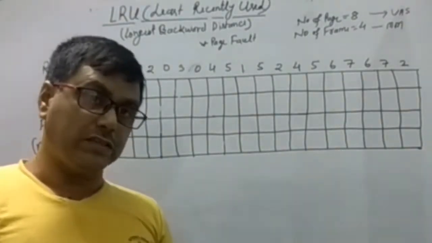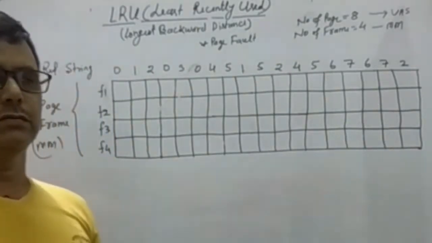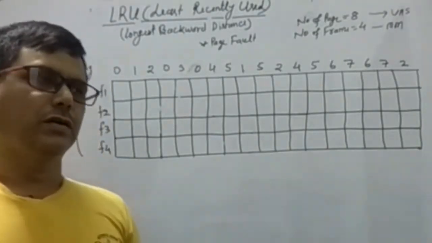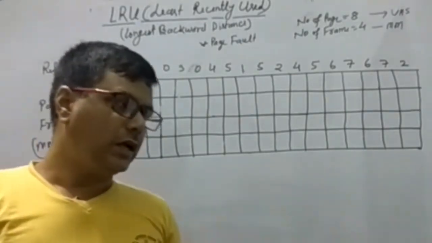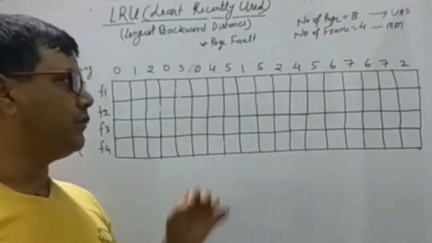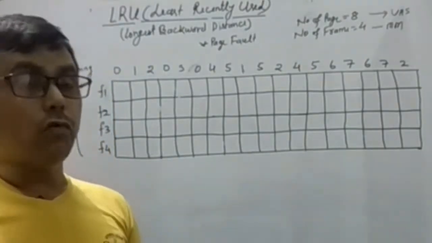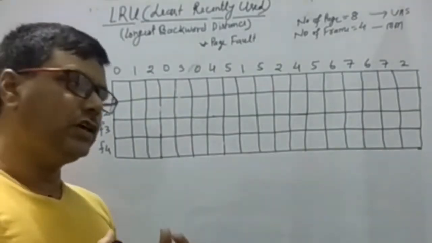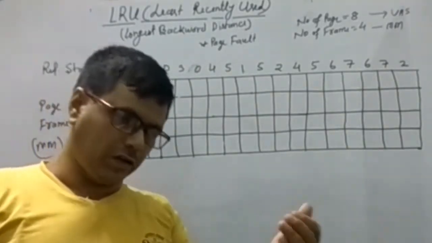If there are free frames in the physical memory, then the corresponding page will be easily mapped. But when there is no free frame in the physical memory, what happens? Then we replace a page frame with the requested page.